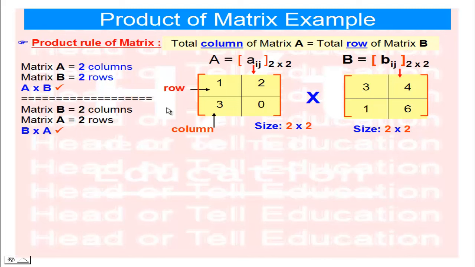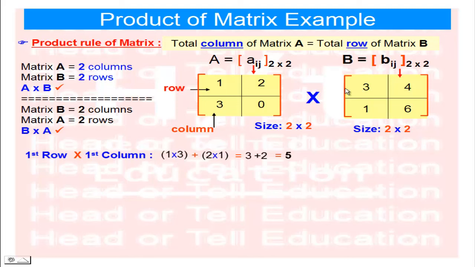Now, how do we multiply the first row, first column value? The first row is multiplied by the first column. So 1 is multiplied by 3, then use plus sign, 2 is multiplied by 1, and then equal to 3 plus 2 equals 5.